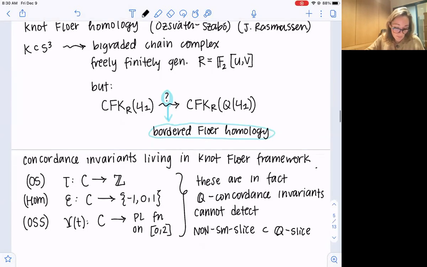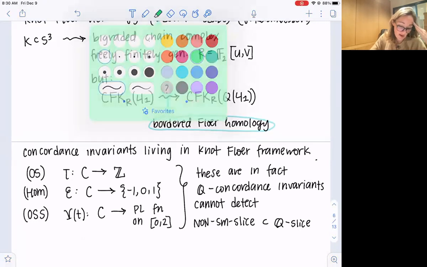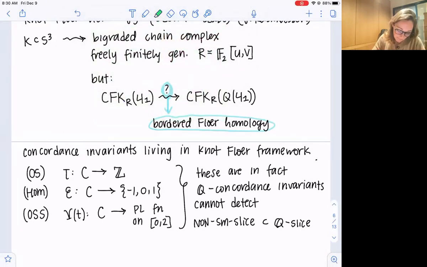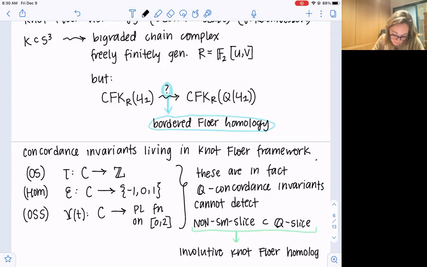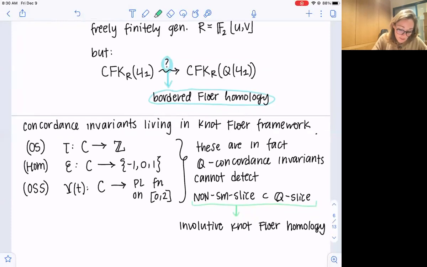And so what we will use to address this limitation is another refinement: involutive knot Floer homology, to say something about concordance. So we will use bordered Floer homology to build the knot Floer complex of the knot that we require, and then we'll use involutive knot Floer homology to make an argument about its concordance.